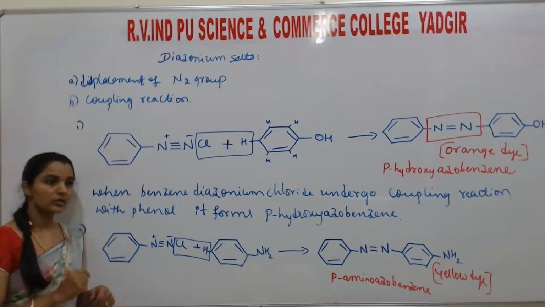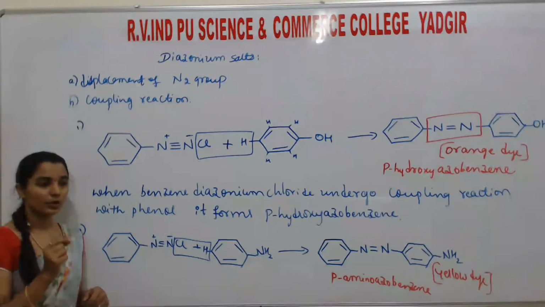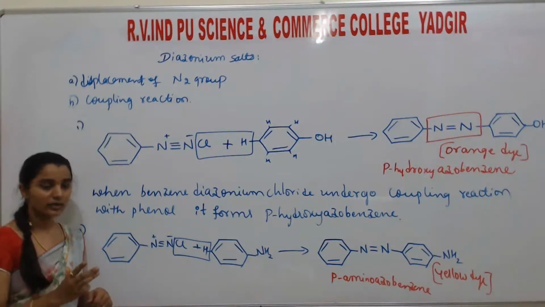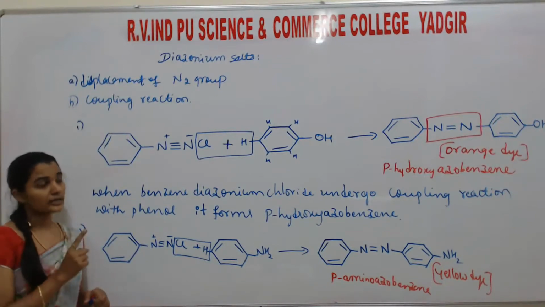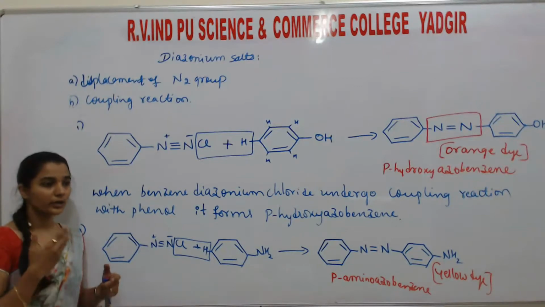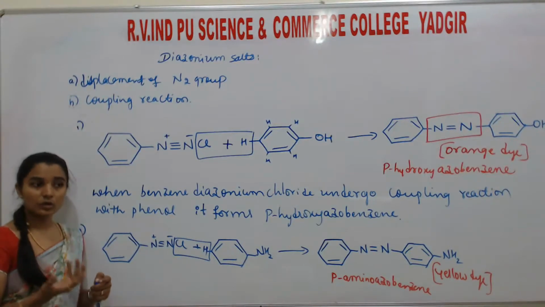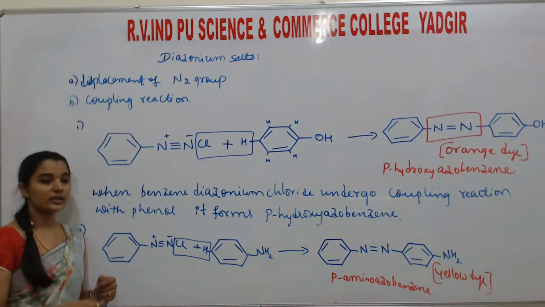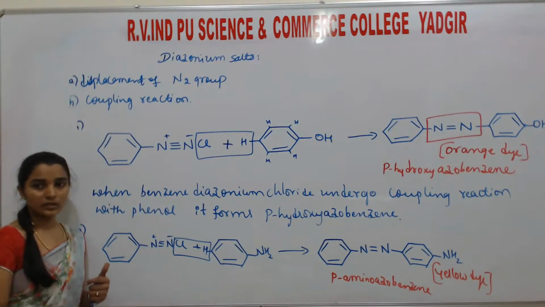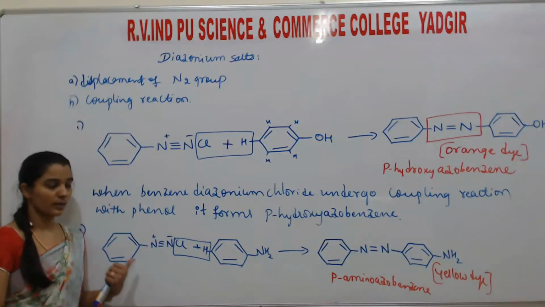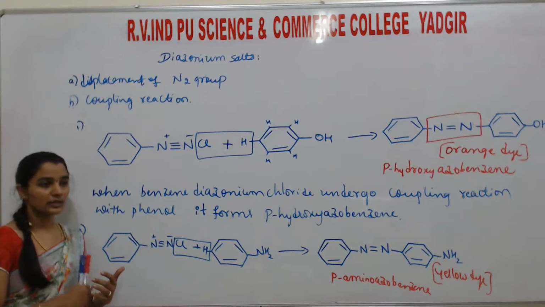All the preparations and all the chemical properties are important for 2 and 3 marks. And also, nomenclature is important for 1 mark. Nomenclature, at the same time, melting point, boiling point, their solubility, okay, and what is the reason for that. Understand? So this is all that comes under the amines chapter. So this completes the chapter amines.